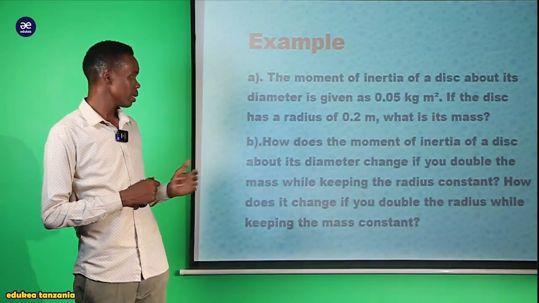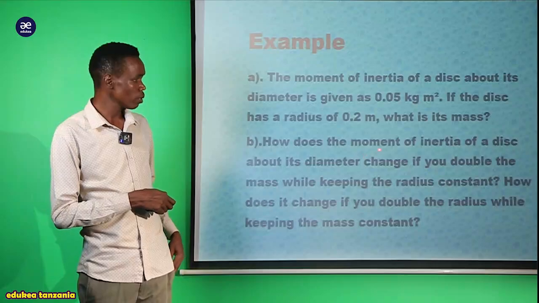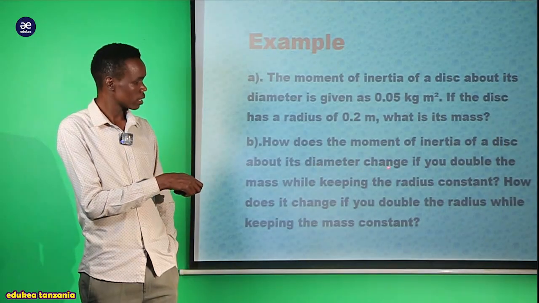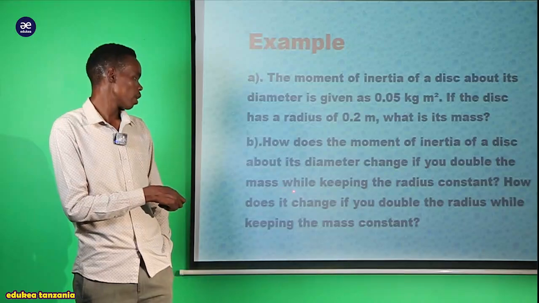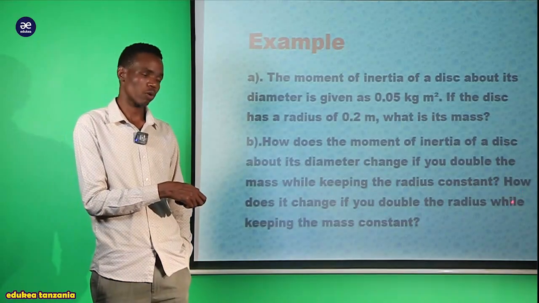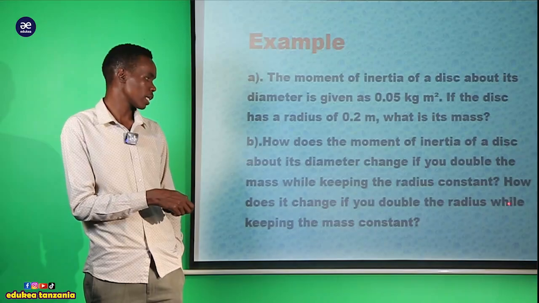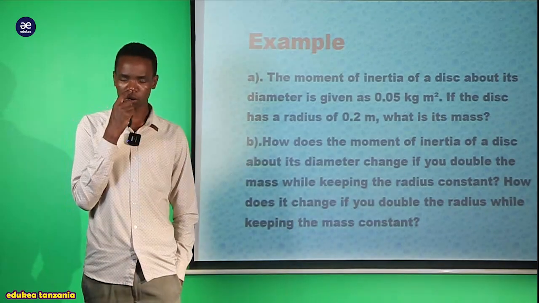On Roman B, we have been asked how the moment of inertia of a disk about its diameter changes if you double the mass while keeping the radius constant, and also how it changes if you double the radius while keeping the mass constant.